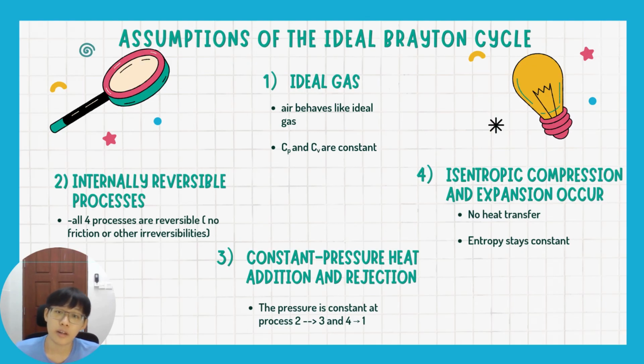We assume that all of the processes are reversible, which means we have no friction or other irreversibility. The third one is constant pressure heat addition and rejection, where we assume the pressure is constant in processes 2 to 3 and 4 to 1. And the last one is isentropic compression and expansion, so we assume there is no heat transfer and the entropy stays constant in the process.